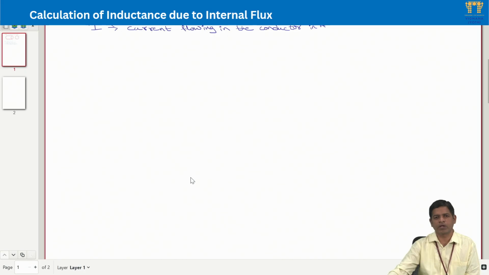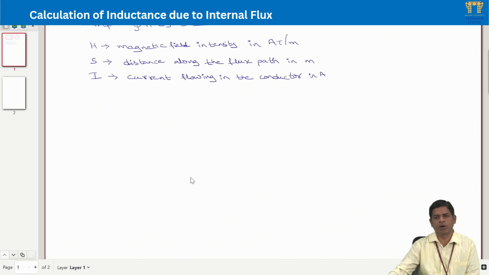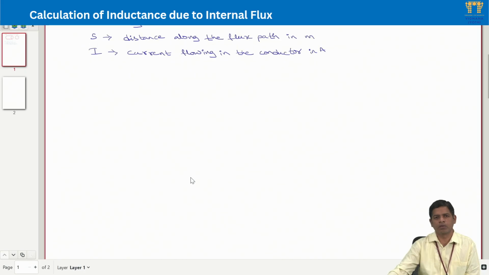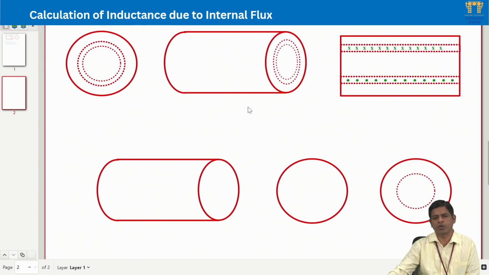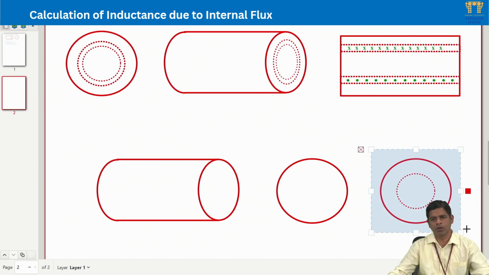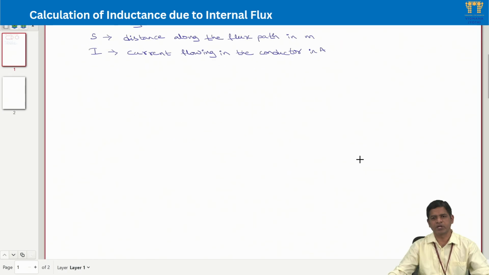So here, now if I take a portion or a point on the conductor which is at x units from the center of the conductor.